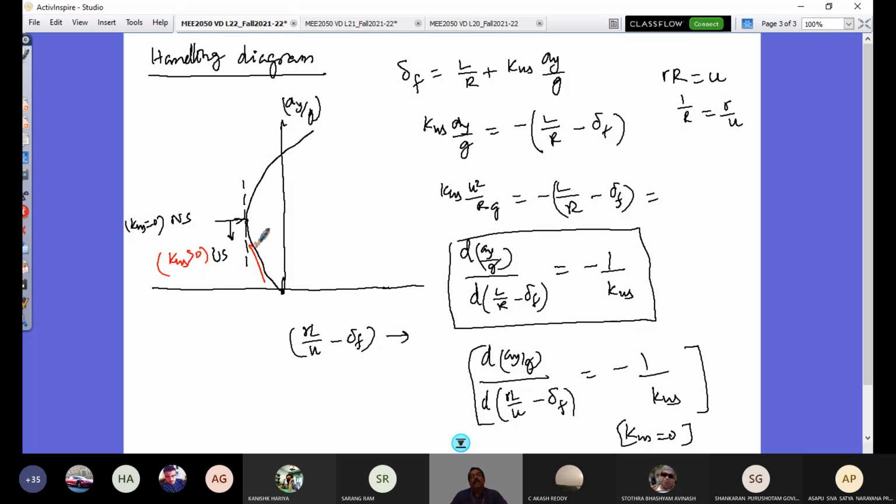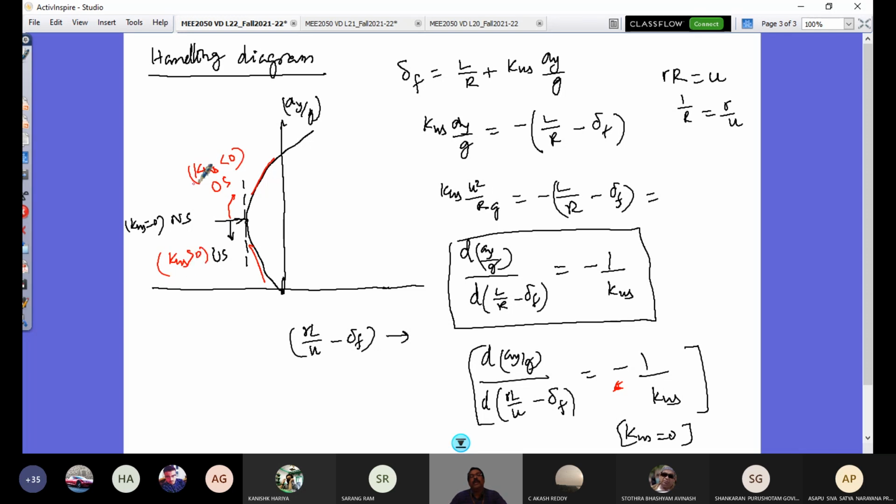So from this point till this point, it refers to the understeer tendency of the vehicle. Here the slope is positive, but there is a negative sign, so the behavior is oversteer, because K_US is less than 0.